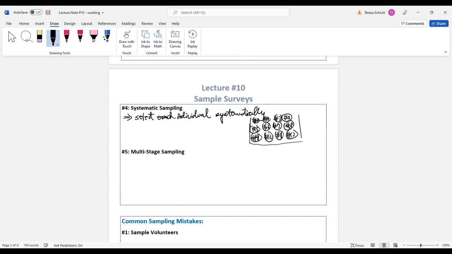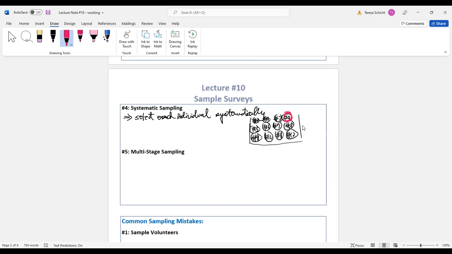Of course, we should have more than that; I'm just using an example. So what is the systematic part? You randomly pick a number. I pick number 4. This is the first number I'm choosing.